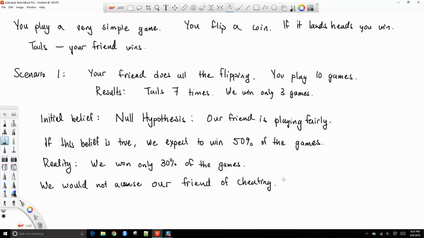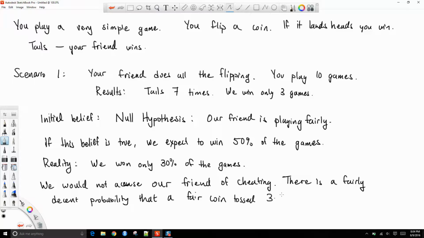From probability, there is a fairly decent probability that a fair coin tossed 10 times ends up with only 3 heads.